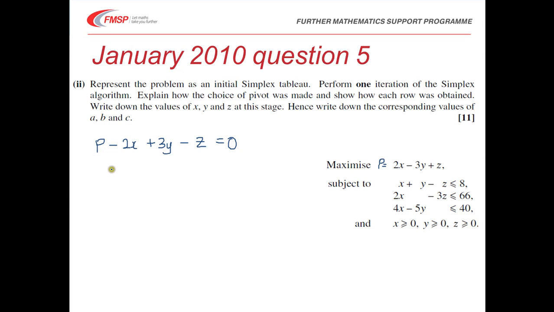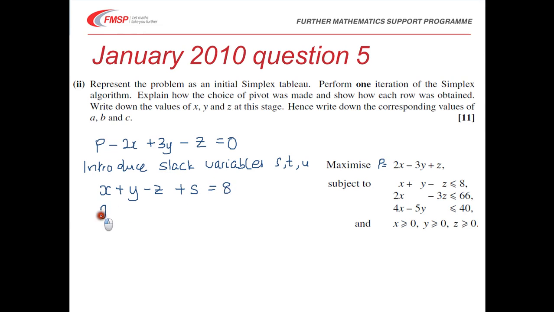We then have got to introduce slack variables. So I'm going to use S, T and U. You may do something different, but that's what I will do. So what we're going to do is we're going to take each of these inequalities and we're going to write them as an equation. So x plus y minus z less than or equal to 8, well, there will be some value of s which makes it equal to 8.